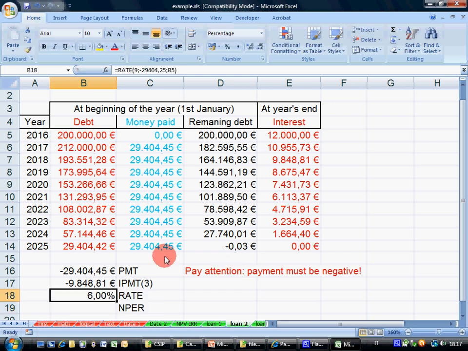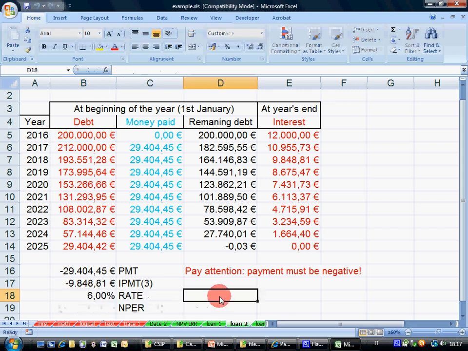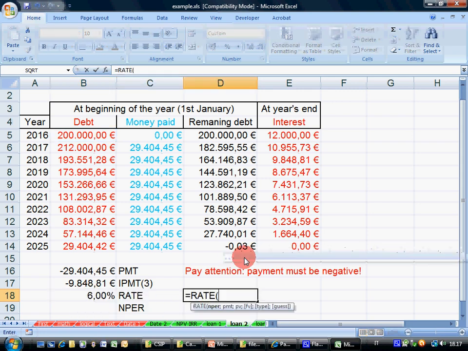And let's see what happens if the bank asks me. So the bank tells me, very well, we have a wonderful loan of 200,000, 20 payments, so 20 payments of 15,000, and 200,000 is the total value of the loan. Okay? So with the rate function, you can easily find out what is the interest rate that the bank is charging you.